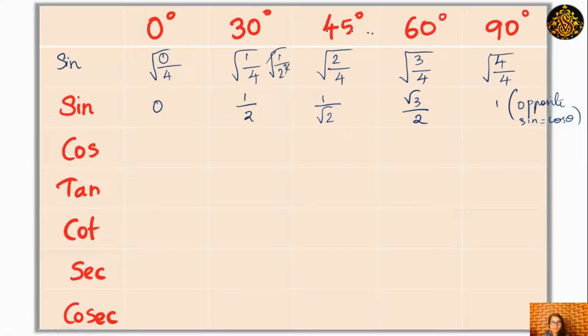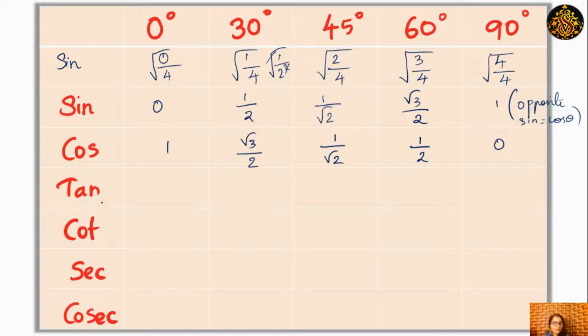Sine 90 degree will be for cos 0 degree, so write 1 here, and here we have root 3 by 2. For 45 degree, both are 1 by root 2, and here we have 1 by 2, and sine 0 degree is 0, so cos 90 degree is 0.